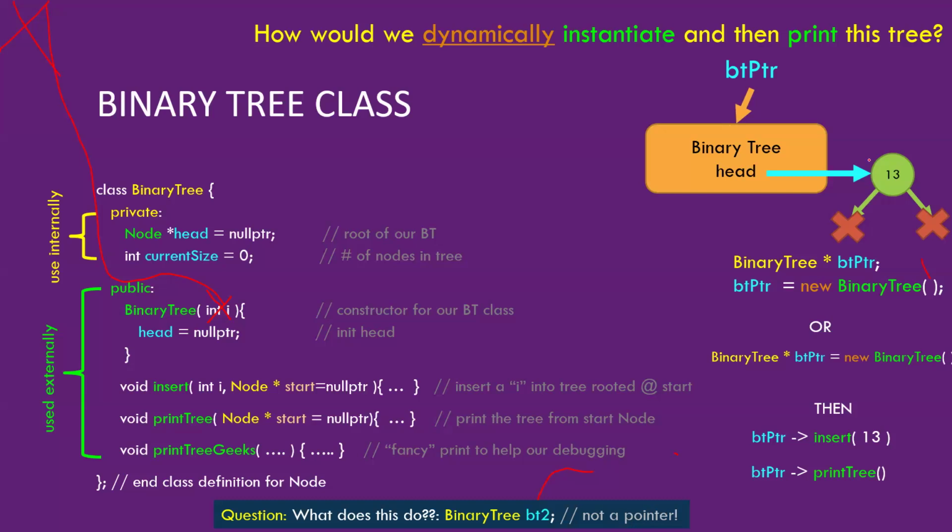They're pretty similar. It's just that this BT2 down here is not a pointer, it's an actual box. So I can say BT2 dot something, where up here, because this is a pointer, I say BTPTR arrow something. So this is the difference in C++ between creating the thing and creating a pointer that points to the thing.